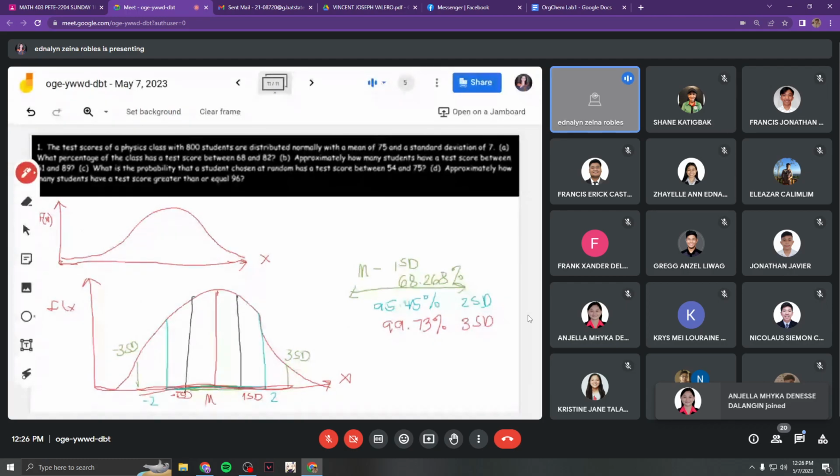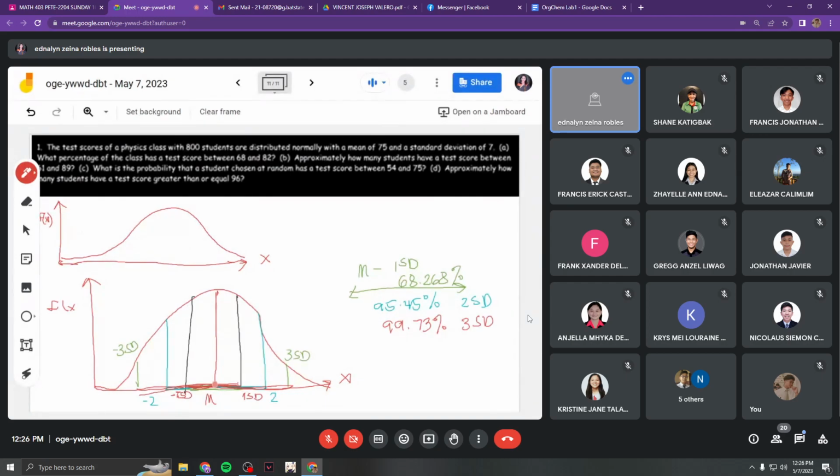So from the mean, the first standard deviation will happen at 68.268%. The second standard deviation will happen at 95.45%, and the third at 99.73%. So what is the significance? Let's divide first.